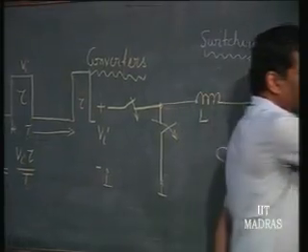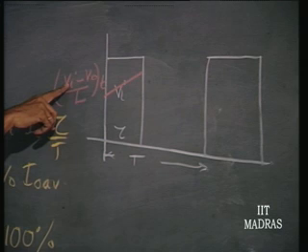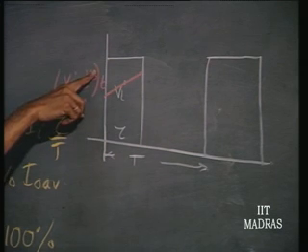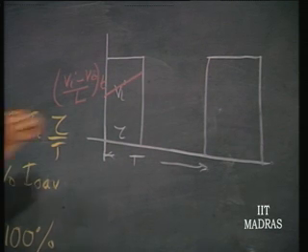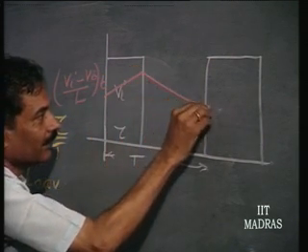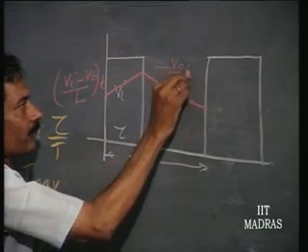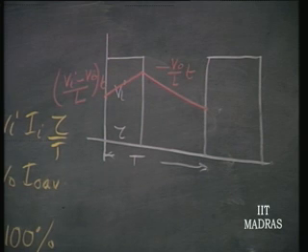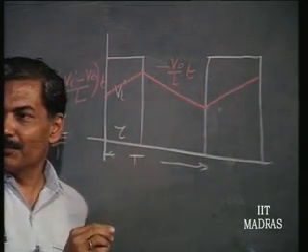That means when it is off, what will be the voltage? Vi is 0, V naught remains V naught. So it is minus V naught by L into t. What does it mean? The current is decreasing. The increase in current must be the same as the decrease in current, because after all, again it is going to start; this is the steady state waveform.